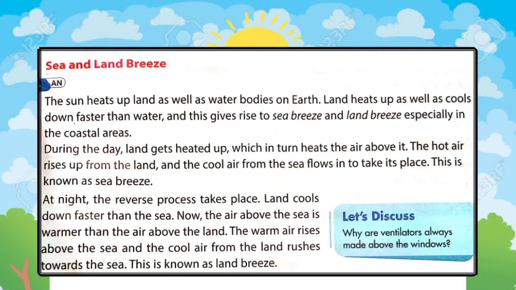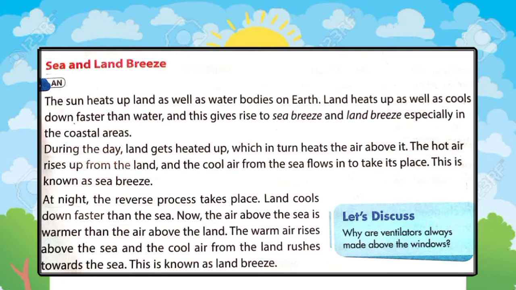Now let's understand what sea breeze and land breeze are. As you know, the sun heats up land as well as water bodies on earth, and land heats up as well as cools down faster than water. This gives rise to sea breeze and land breeze, especially in coastal areas.